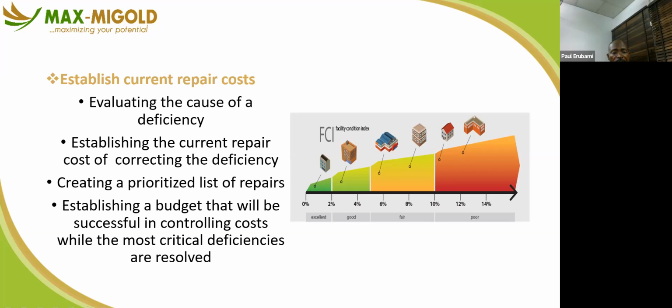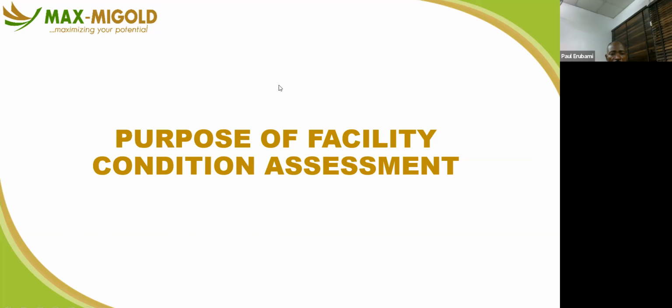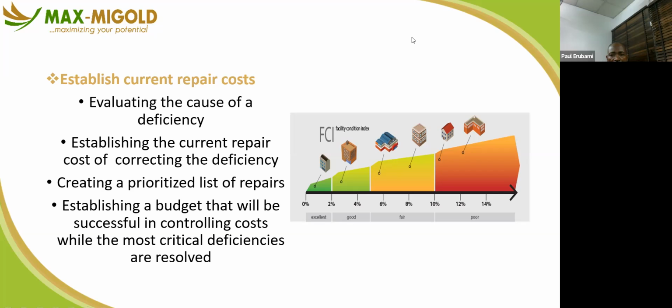It also helps you in terms of budgeting, whether a top-down budget or a bottom-up budget will be successful in controlling costs while the most critical deficiencies are being resolved. This is the first purpose of your facility condition assessment.